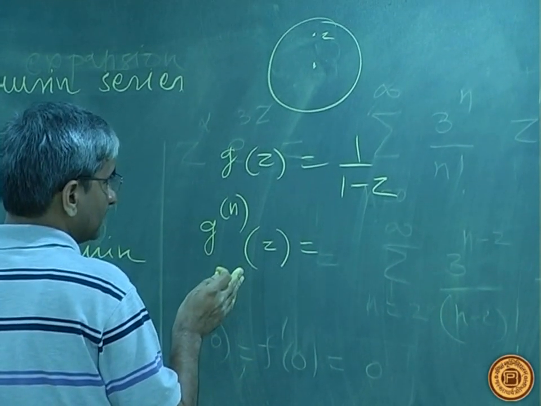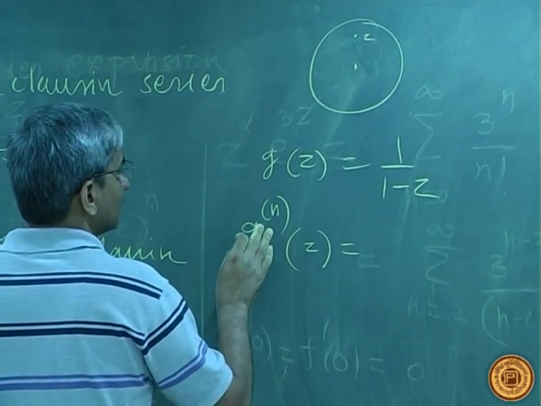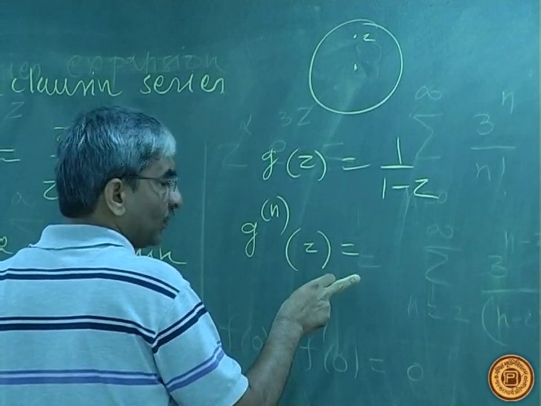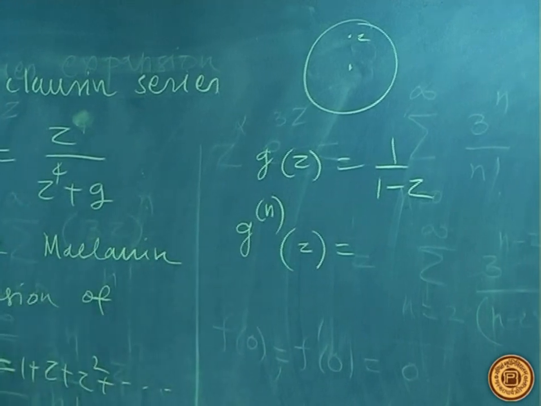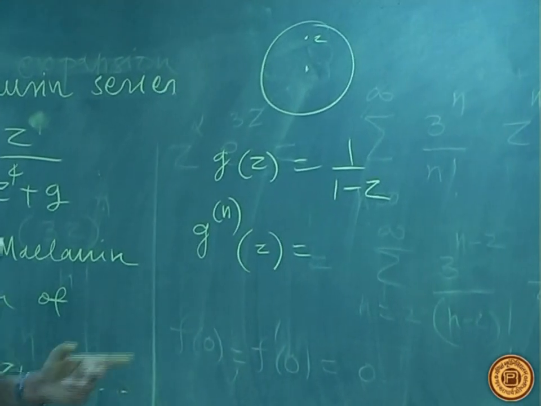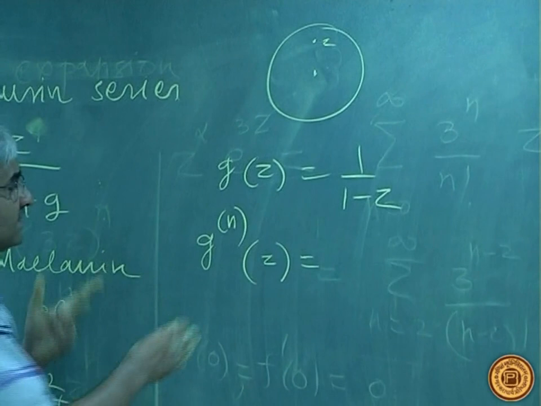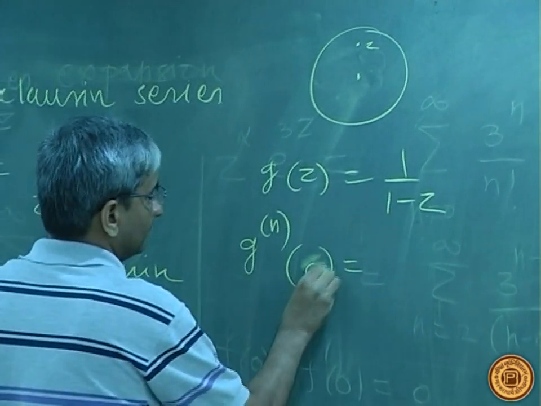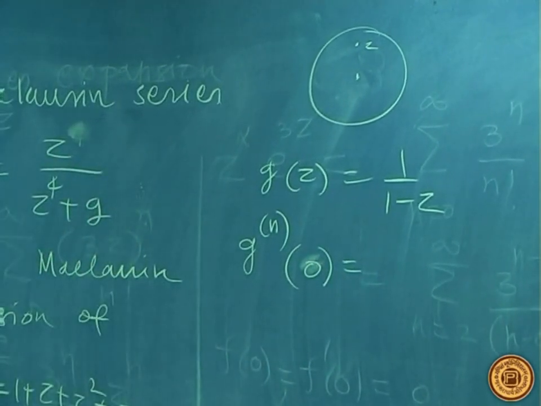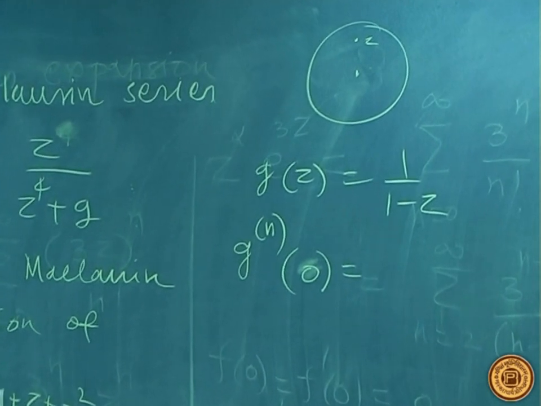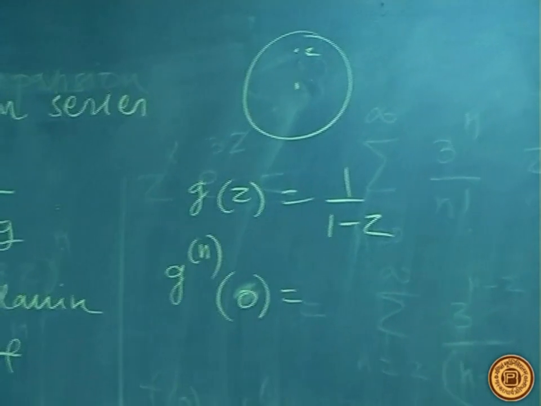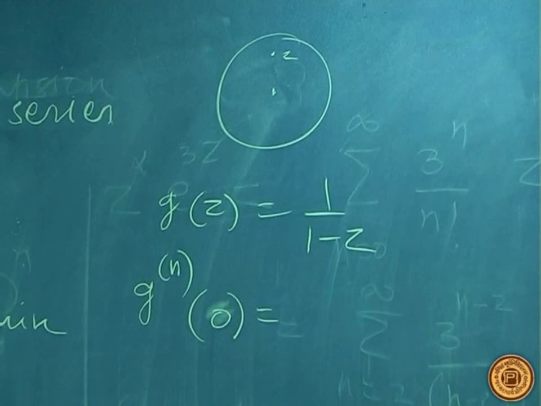Do you know what the nth derivative is? You want to compute? So I will give you 2 minutes. You just compute the nth derivative of this at say 0. So try to find the first derivative, second derivative, you may guess the formula. You can write the nth derivative with it.